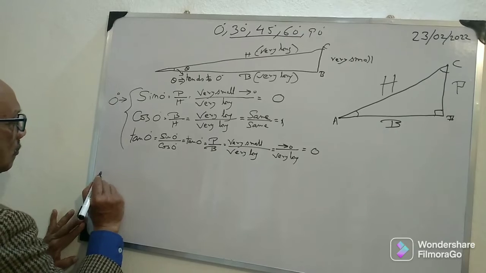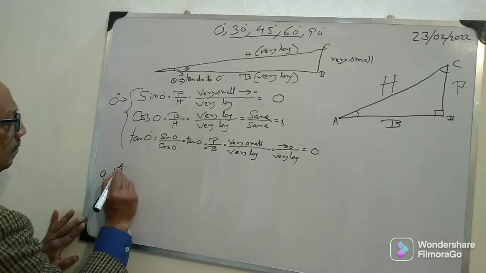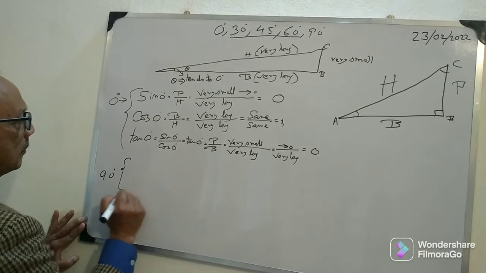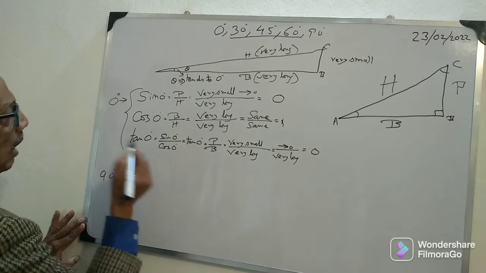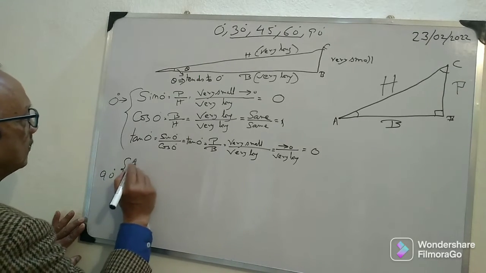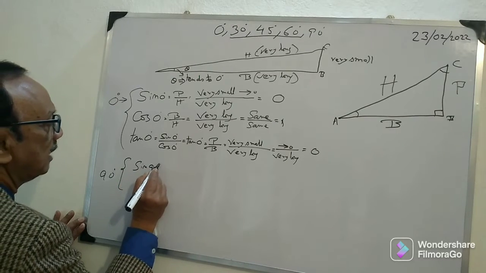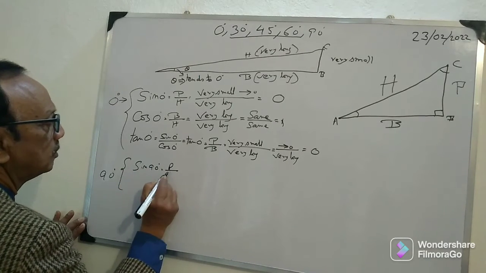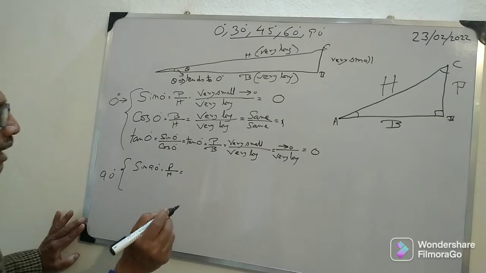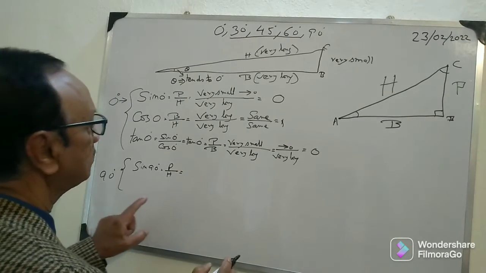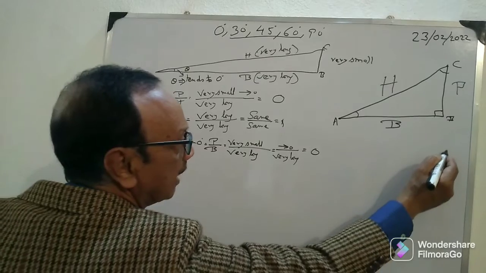Now for 90 degree, what will sine 90 be? Sine 90 is perpendicular by hypotenuse. When we plot sine 90, the diagram will be like this.